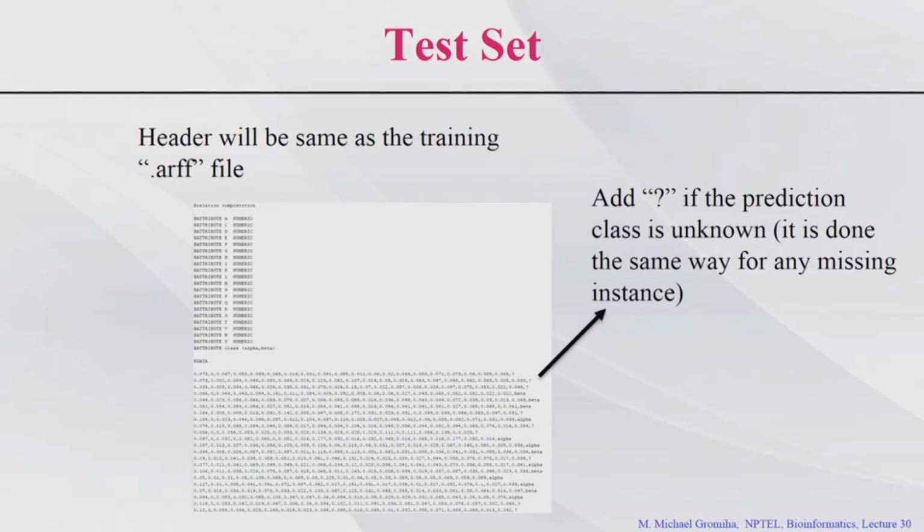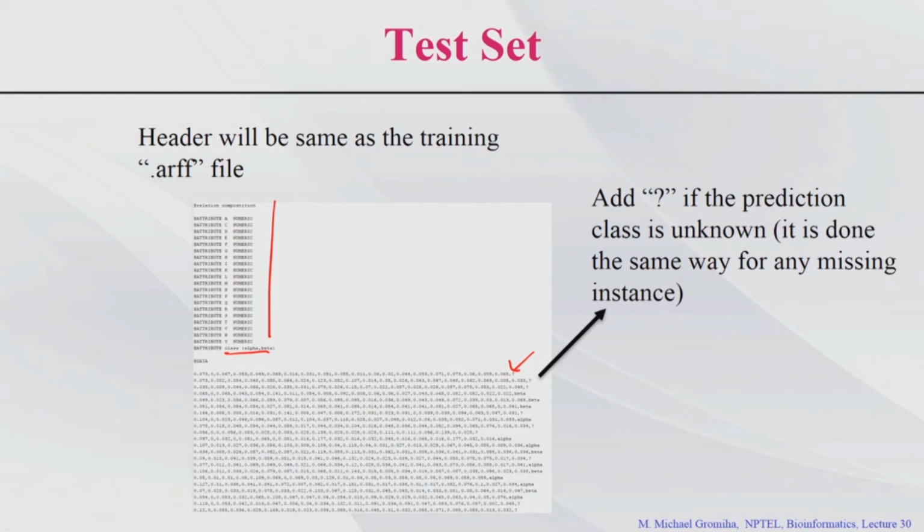Now here is the data set for the test set. In this case we use the same composition features, the 20 amino acid residues, and the same class. If you do not know the class of the test set, you can put a question mark. The question mark means the prediction is unknown.